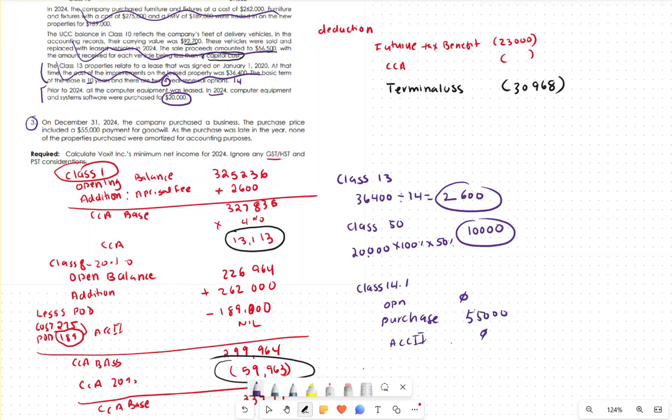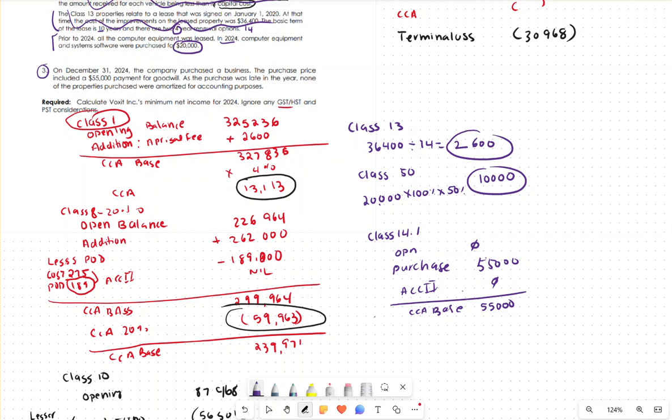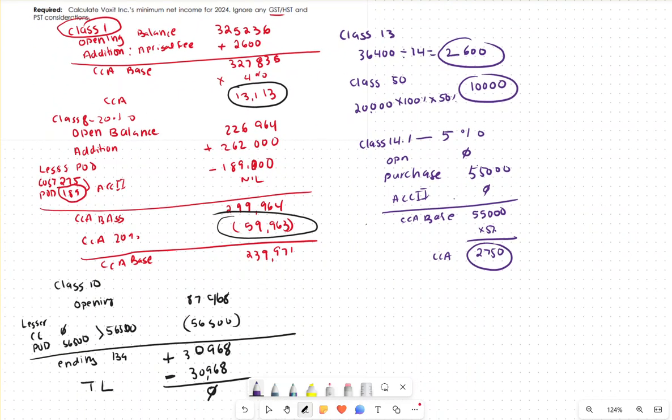This gives me my CCA base of 55,000, and class 14.1 is 5%. I multiply by 5%, and I get a CCA of 2750.